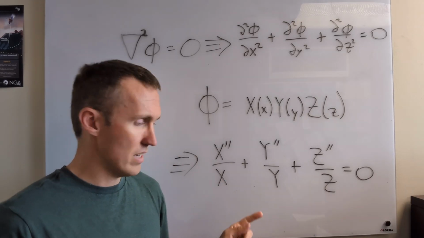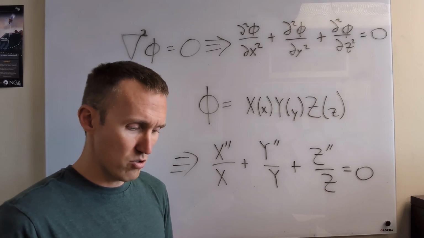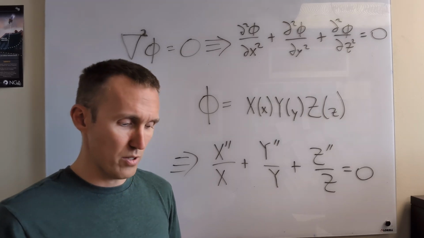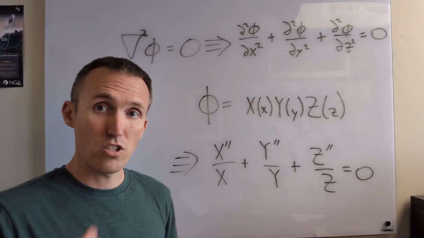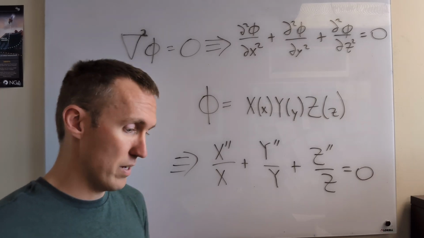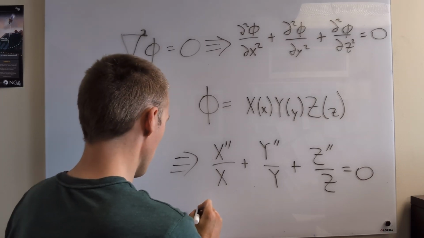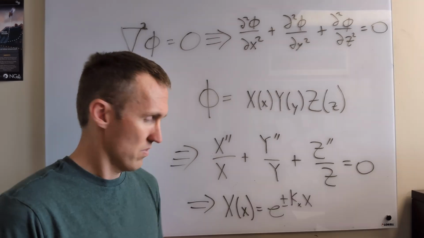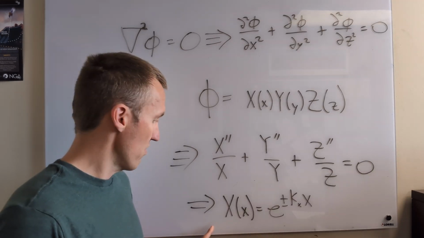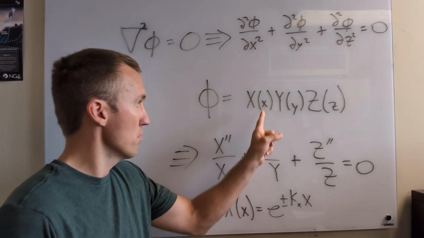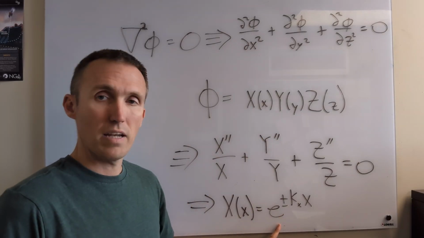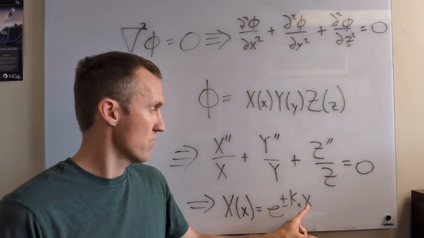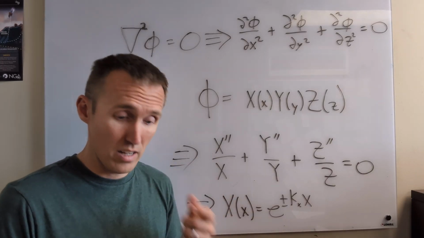So because it equals 0, each one must be a constant. Then we can solve for what those constants are, and you get a solution, which is an exponential. The solution, for example, for x is going to be an exponential, which is plus or minus kx, that's just some constant, times the variable x. So we have an exponential.